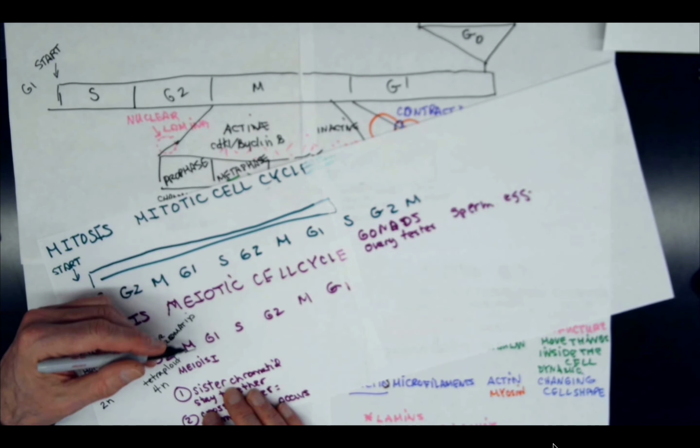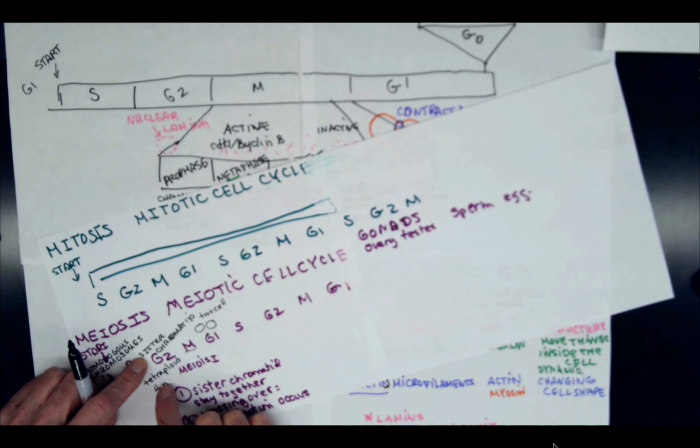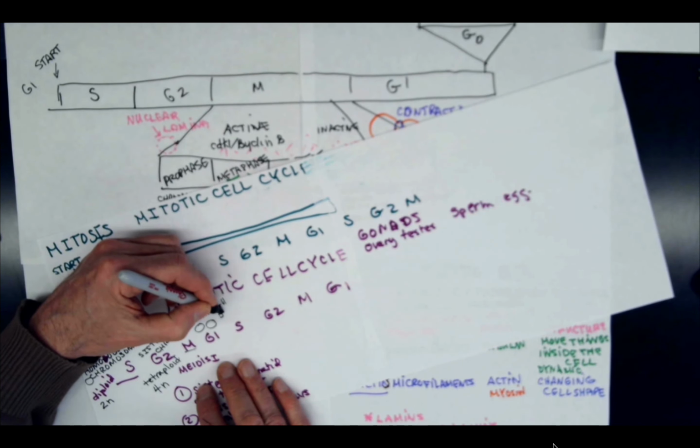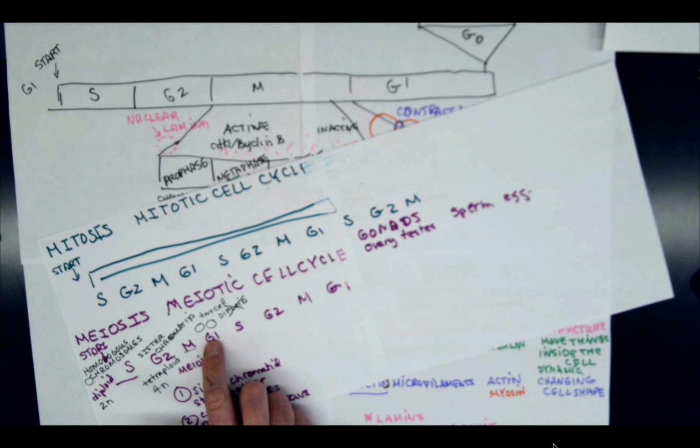We went from 1 to 2 cells, but these have half as many chromosomes and have as much DNA as the tetraploid cell, but they can't be called diploid, because we don't have these homologous chromosomes, one from mom, one from dad. We have the sister chromatids paired. So this is different, and we can't really call this diploid.